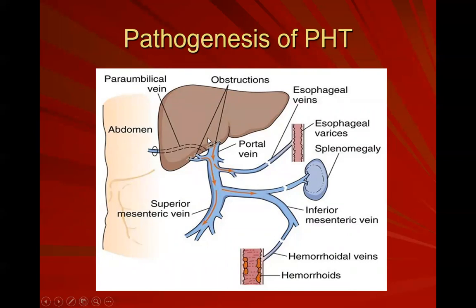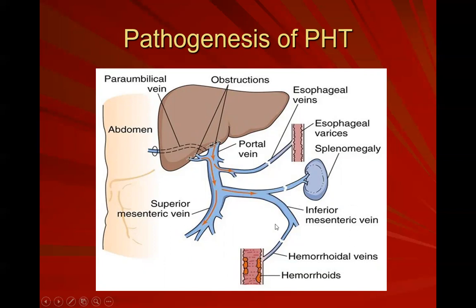Since there's going to be portal hypertension, the pressure would go into the collaterals, the communications with the systemic venous system. So it can go to the esophagus and cause esophageal varices. It can go into the splenic vein and also cause splenomegaly.